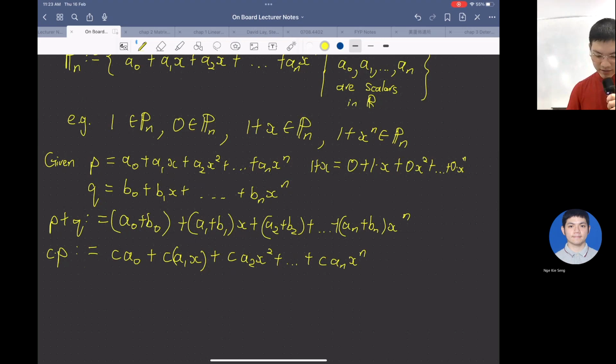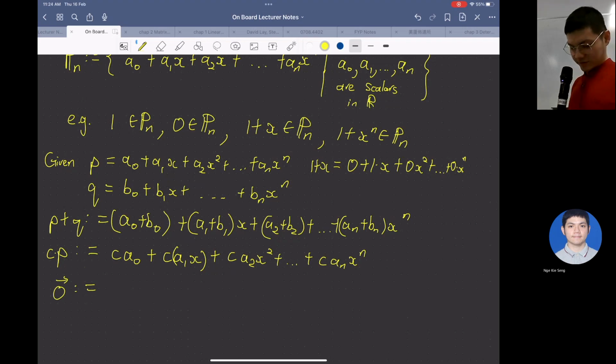So what's the zero vector here? The zero vector, remember, is the thing that when you add it to a vector, you get back the original. What's the polynomial that you add to every polynomial to get back the original polynomial?